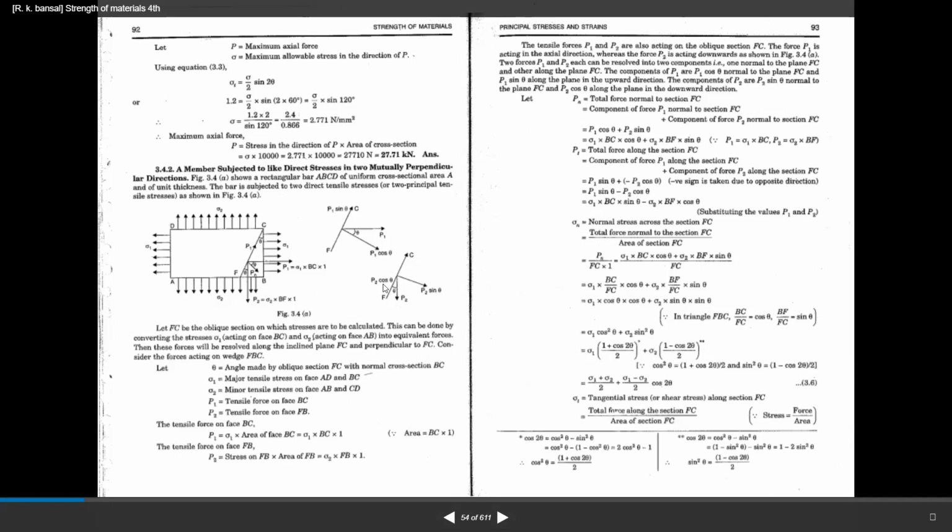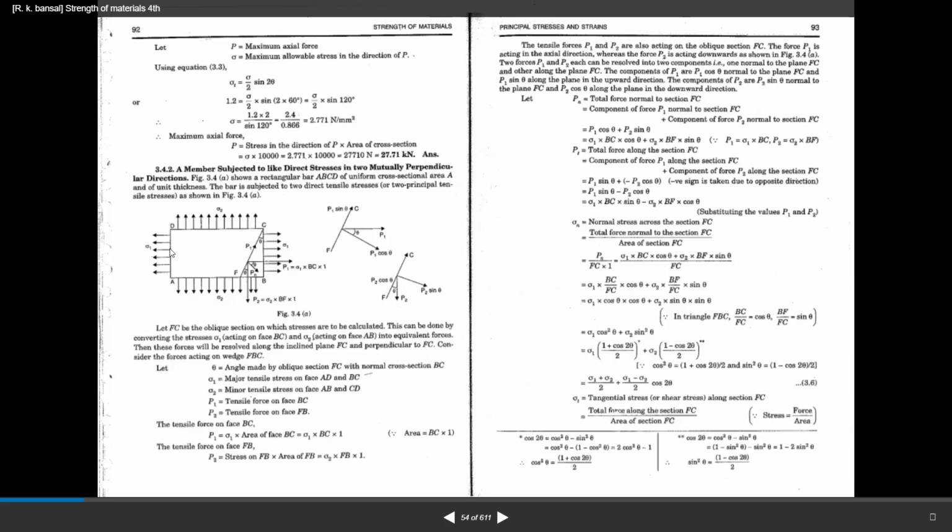Considering FBC, resolving the forces along the x-axis and y-axis, let theta be the angle made by the oblique section FC with the normal cross section BC. Sigma 1 equal to the major tensile stress on faces AD and BC.